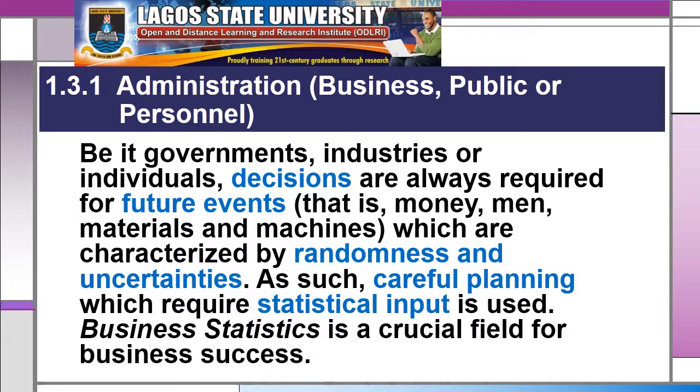And then we can simply tell you here that statistics is of great help in this regard. In fact, there is a whole body of statistics that is devoted to this area alone, and that is business statistics.